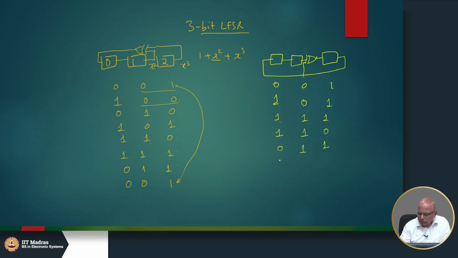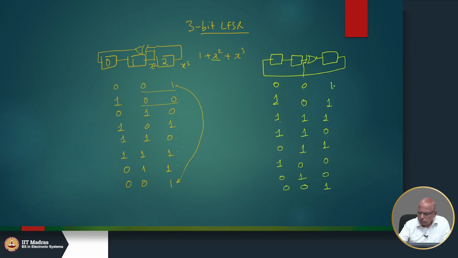And then 1 will come here, XOR of 1 and 1 will come here, and this 0 will come here. Then this 0 will come here, then XOR of these two will come here and this one will come here. And then this 0 will come here, XOR of these two will come here and this 0 will come here.